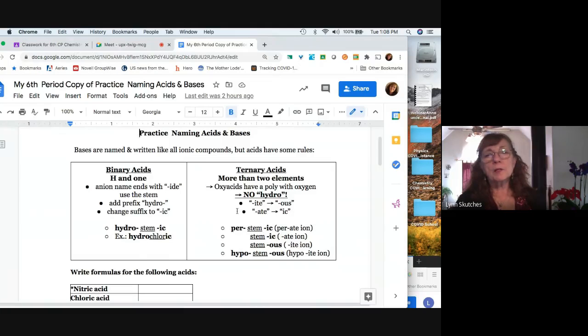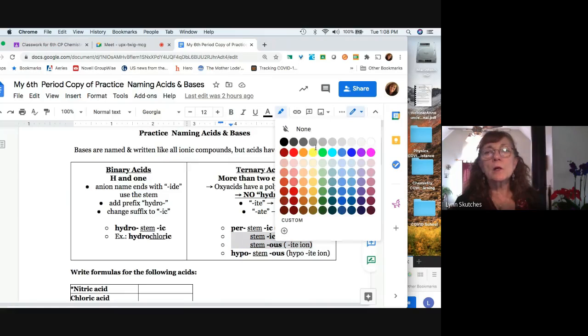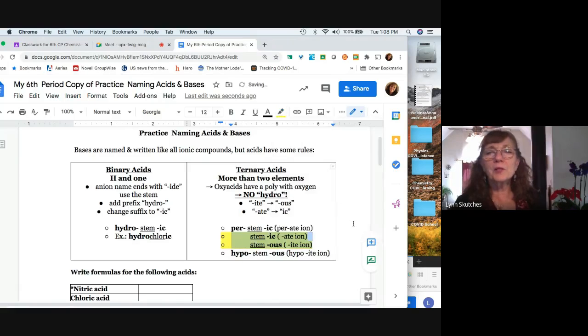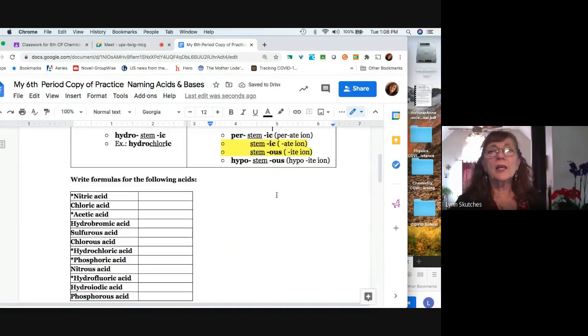I just want to point out here for the ternary acids, remember most of the polyatomics are going to end in ate or ite. There's those darn chlorines that can have prefixes as well. So that's why that's on here.